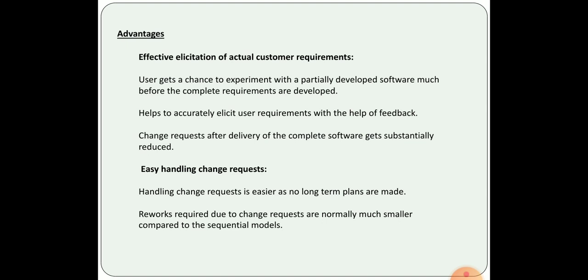This is the more important advantage of the evolutionary model, because the user gets a chance to experiment with a partially developed software much before the complete version of the system is released. Therefore, the evolutionary model helps to accurately specify user requirements during the delivery of different versions of the software.